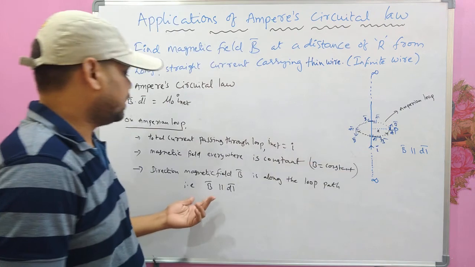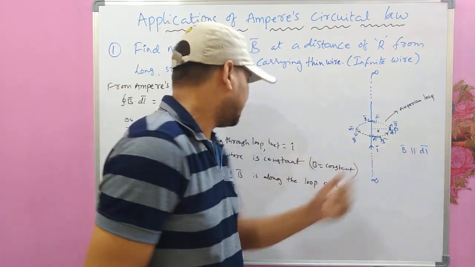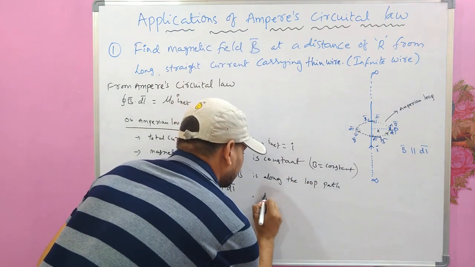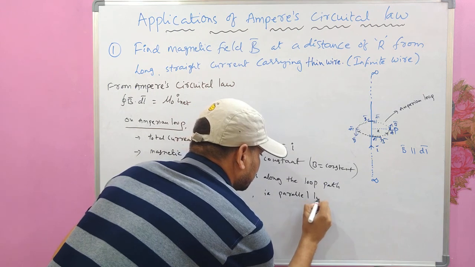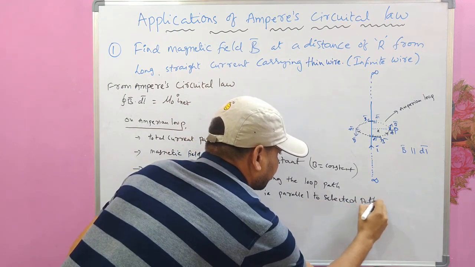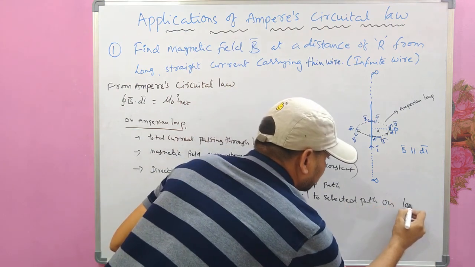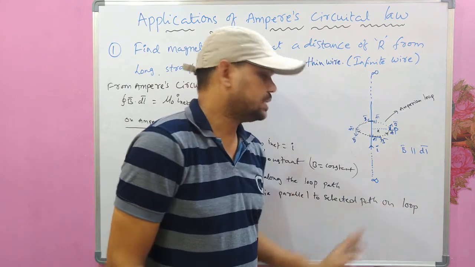Everywhere the magnetic field is parallel to the selected path on the loop.